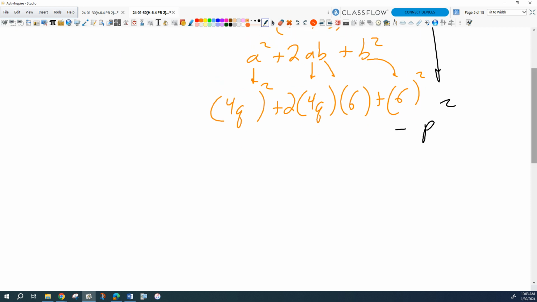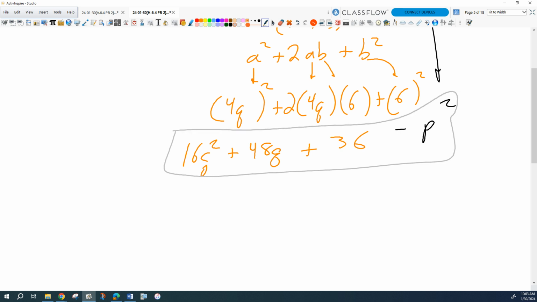What is 4Q quantity squared? 16Q squared. 2 times 4Q times 6 is 48Q. And then 6 squared is 36. So now we've got all that stuff, and that's it. Everybody see that?